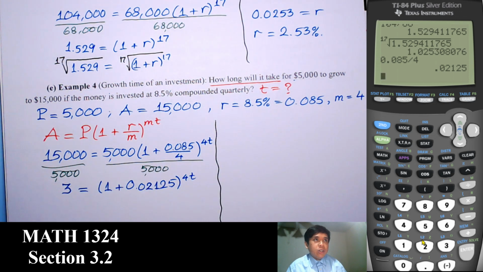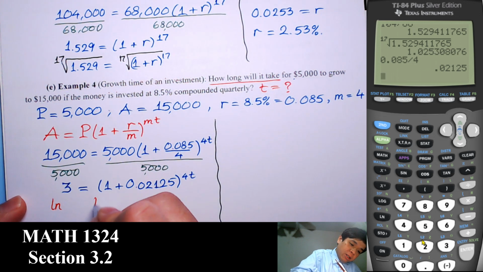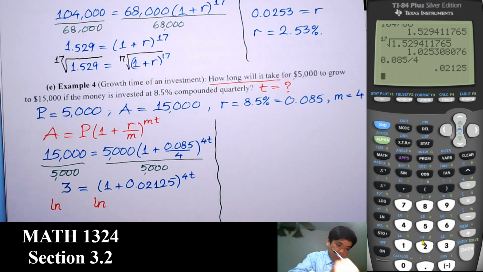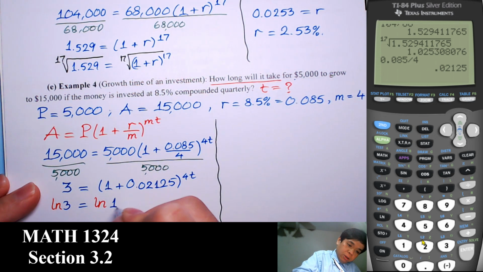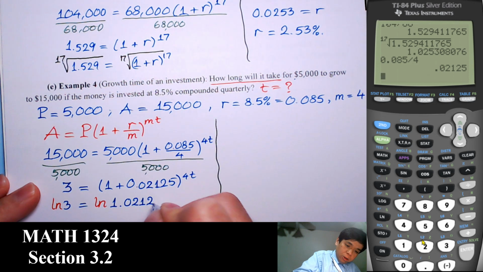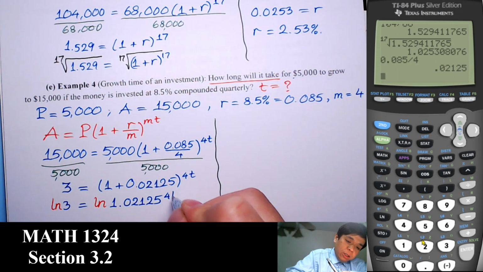Now we're trying to solve for t. This is in section 2.6. If you want to solve for the exponent, you can take the ln on both sides. By the way, I'm just going to combine this to the 40.